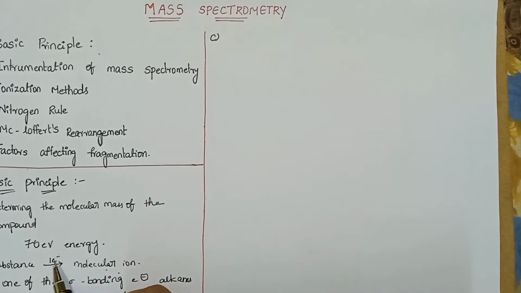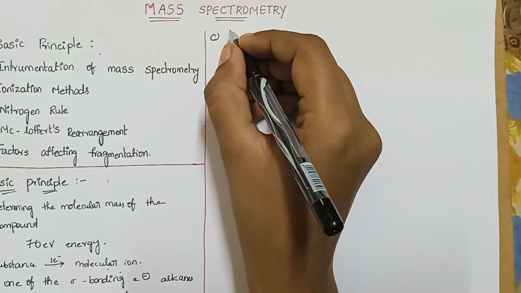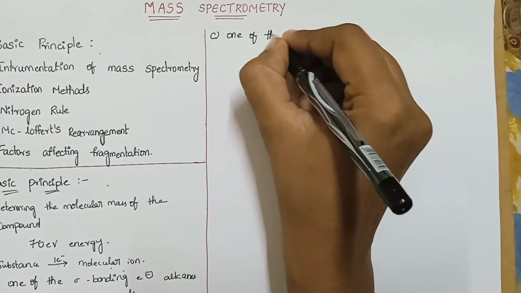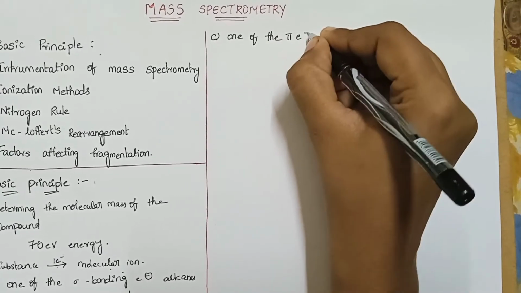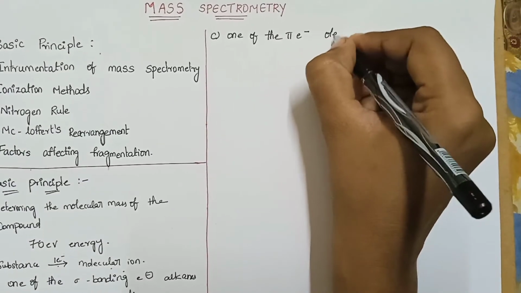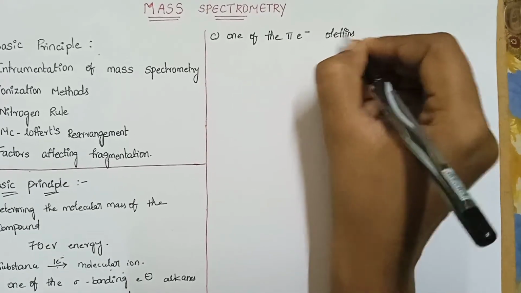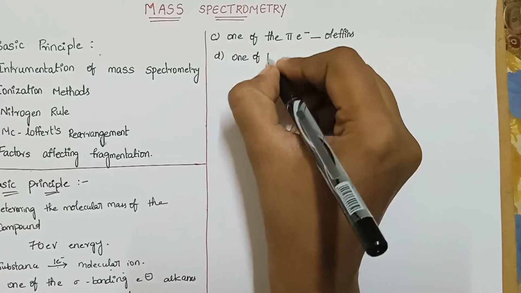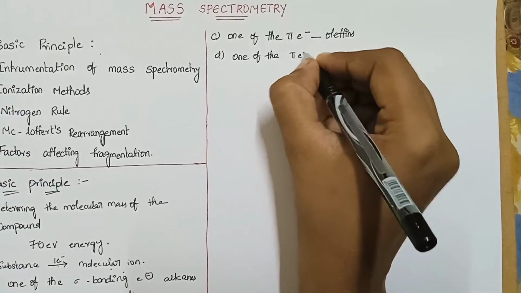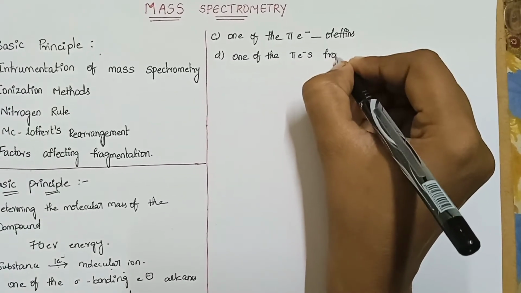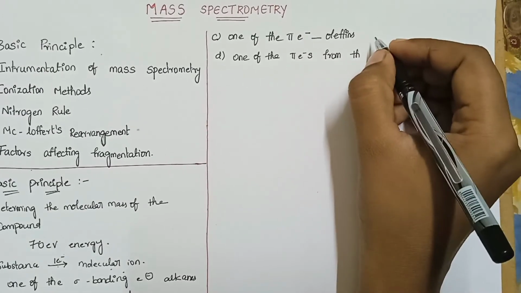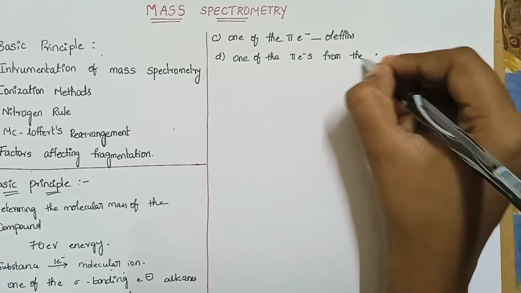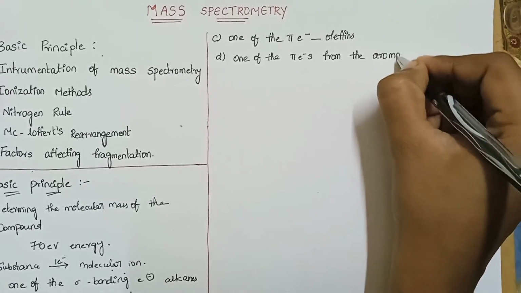The single electron is lost from one of the pi electrons in olefins. And next, one of the pi electrons from the highest occupied pi orbitals in aromatic compounds.